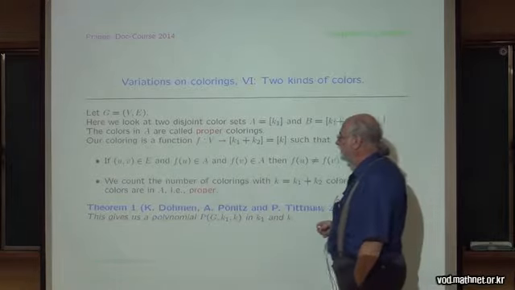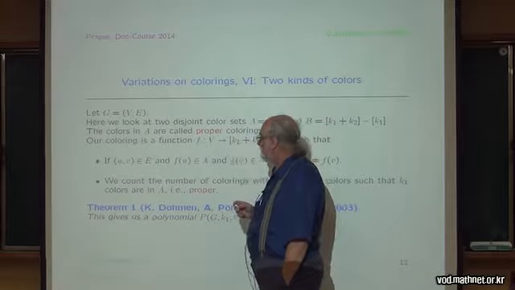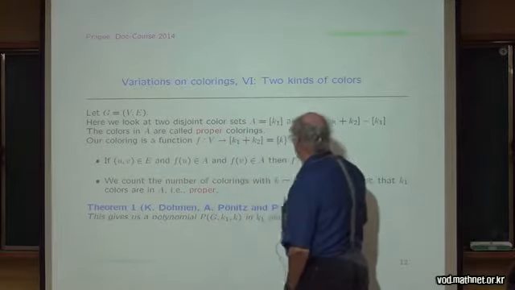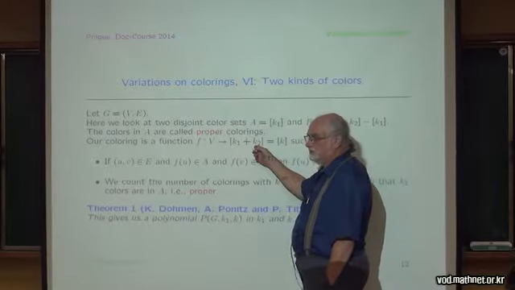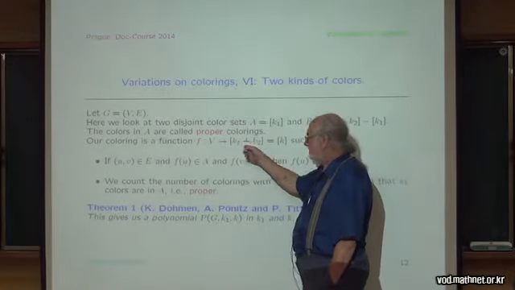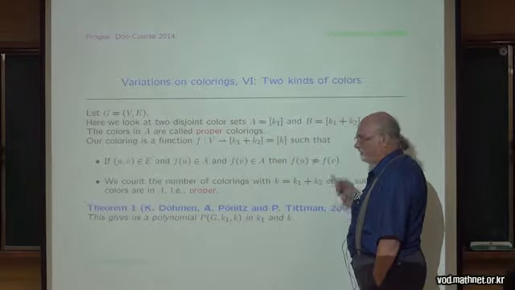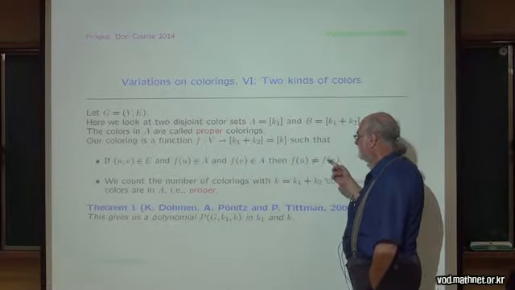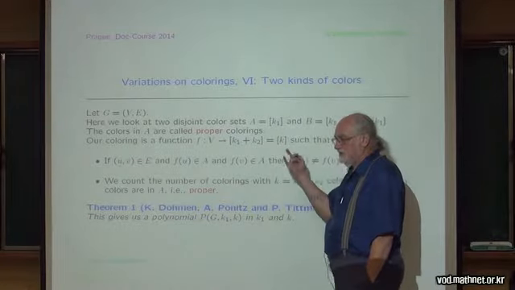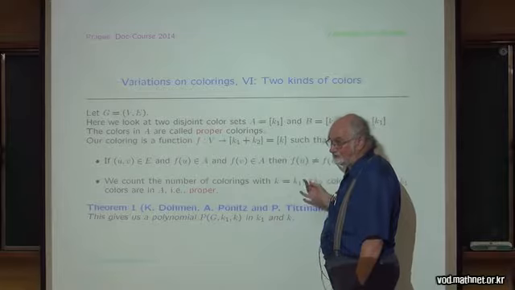And the colors in A are proper colors, and the coloring function requests that you have a map from vertices into a set of that many elements, which is K, such that if the colors are in the A colors, then they cannot be neighbors, and if the colors are in the B colors, they can be neighbors.